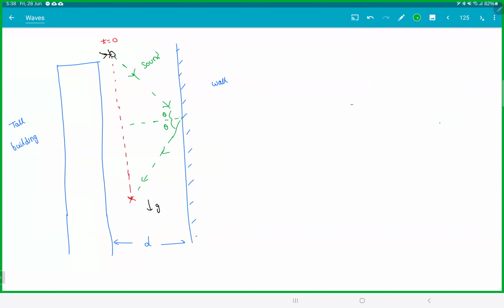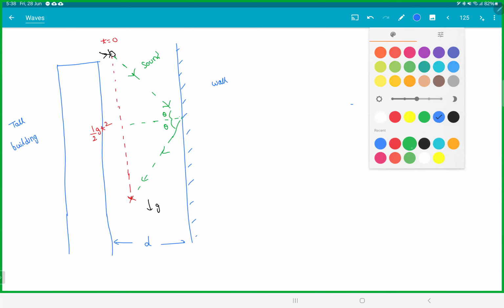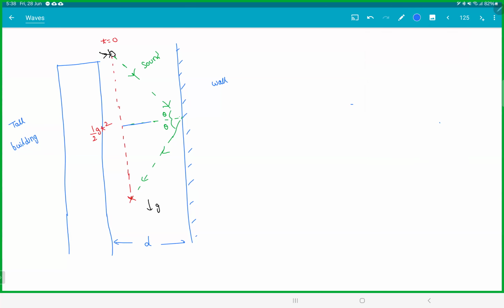And how much height will he fall? In time t, this guy will fall a height of half g t square. S is equal to ut plus half at square, u is 0. So in the same time, how much did the sound travel? If this distance is d, and this distance is half g t square, so this is what we are getting.